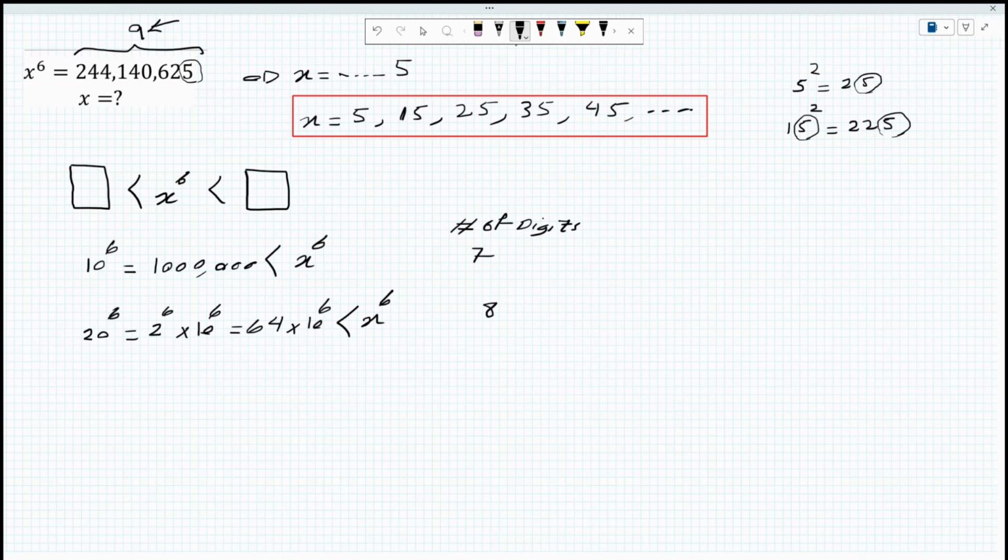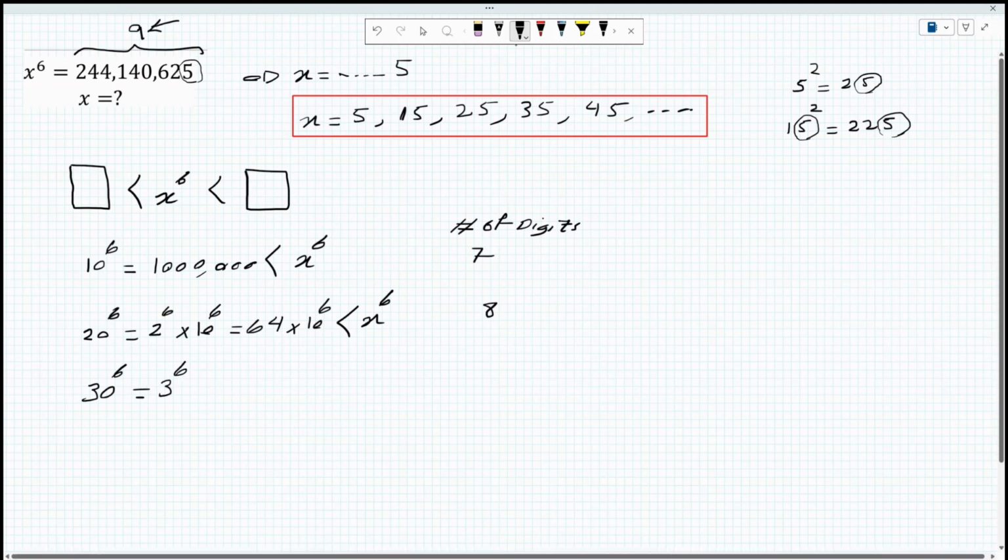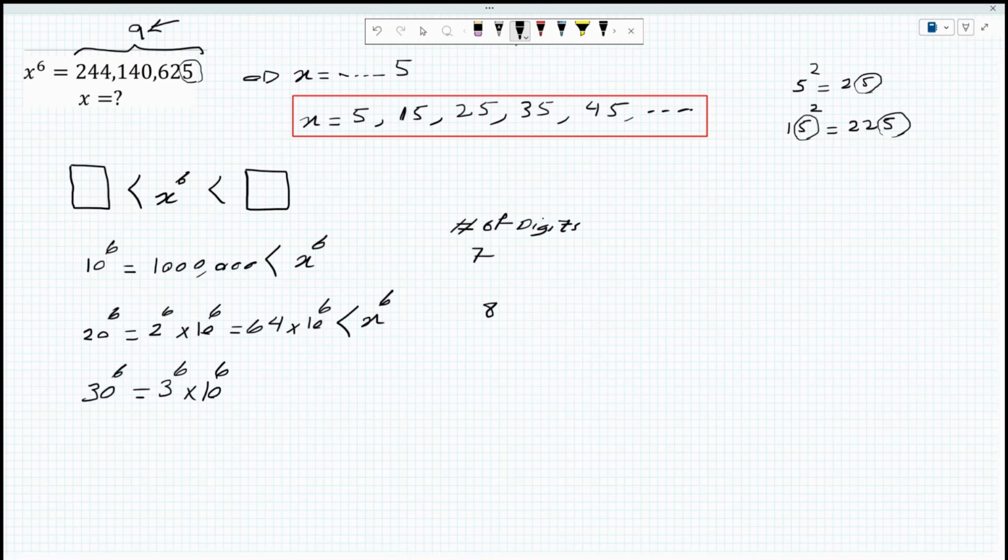Let's try another number, 30 to the power of 6. This one we can write as 3 to the power of 6 multiplied by 10 to the power of 6, which is equal to 729 multiplied by 10 to the power of 6.